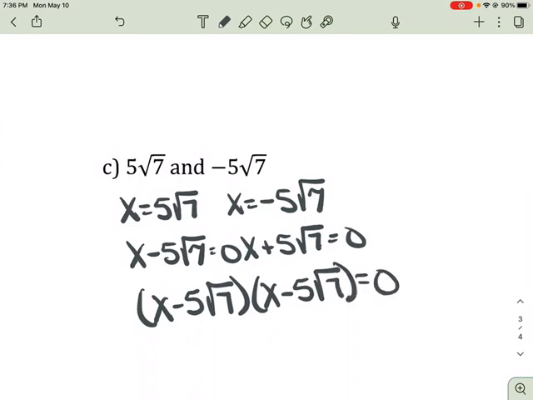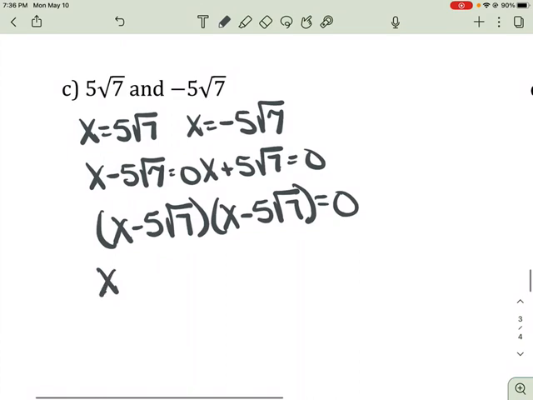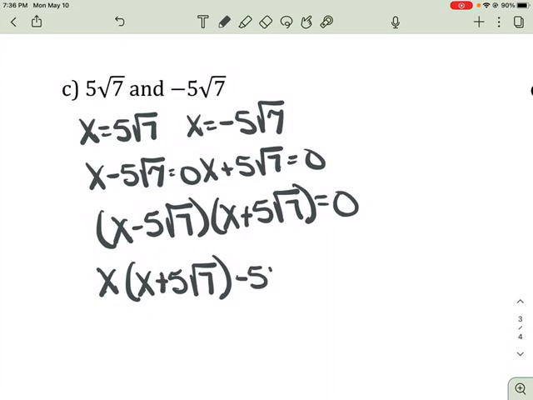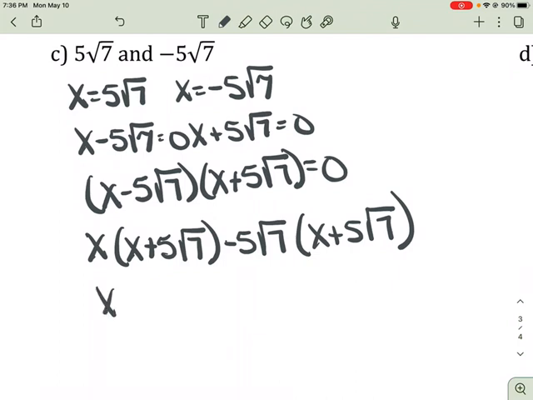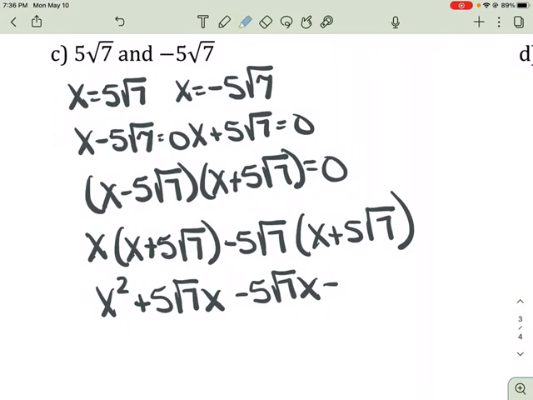Okay. I'm going to do split with this one. Okay, one of these is plus. It's this one. Okay, so x times x is x squared plus 5 square roots of 7x minus 5 square roots of 7x minus, now when we multiply these two, we're going to get 25.